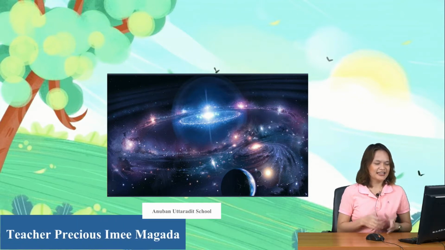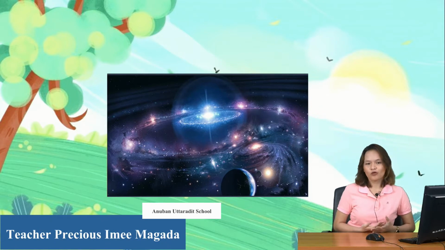Very good. The next picture that speaks about science. So what can you observe, or what can you see? I can see different colors, of course, different things or different terms about science. Okay, I can see also objects. Okay, so this one is an example of a galaxy. Galaxy.